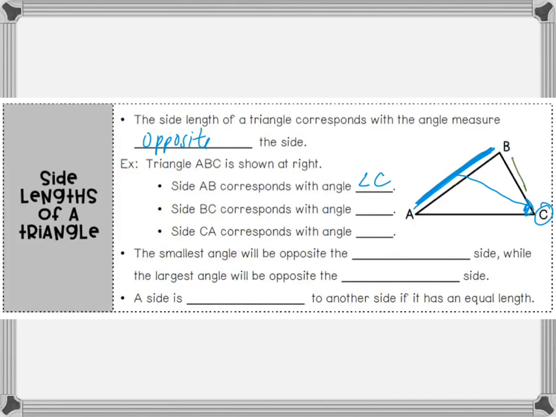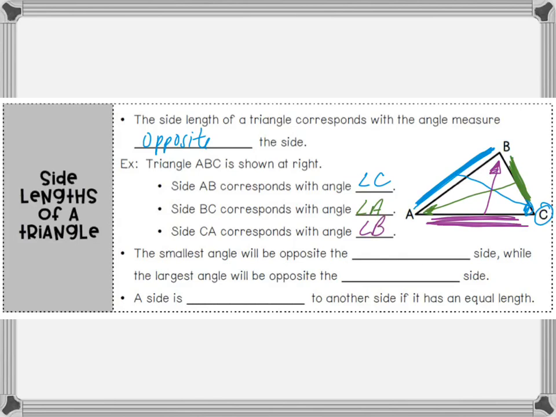Side BC corresponds to angle A. And side CA corresponds to angle B because it is across the triangle.